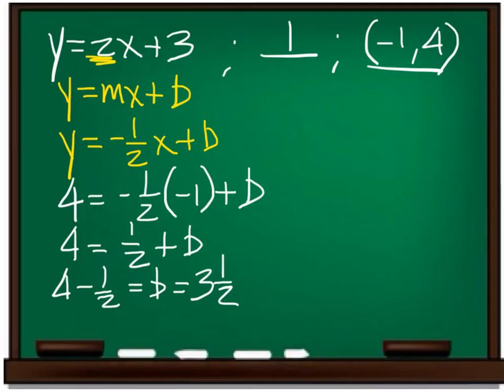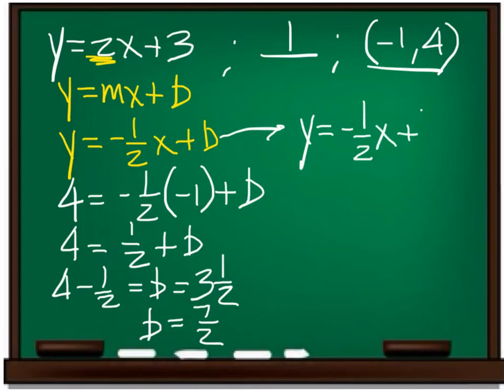We have to change that to an improper fraction of 7 over 2. And then go back to here. y equals a negative half x plus 7 over 2. As a review, y equals 2x plus 3 is the original line. It's perpendicular to something that passes through negative 1, 4.